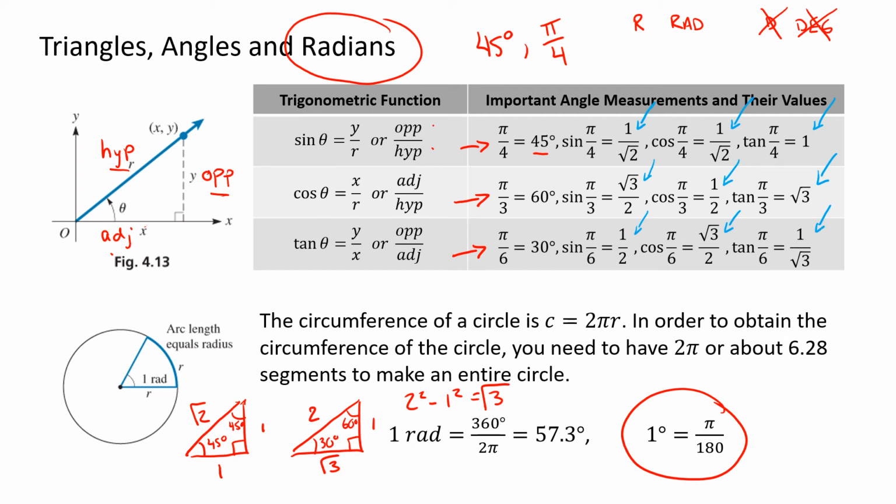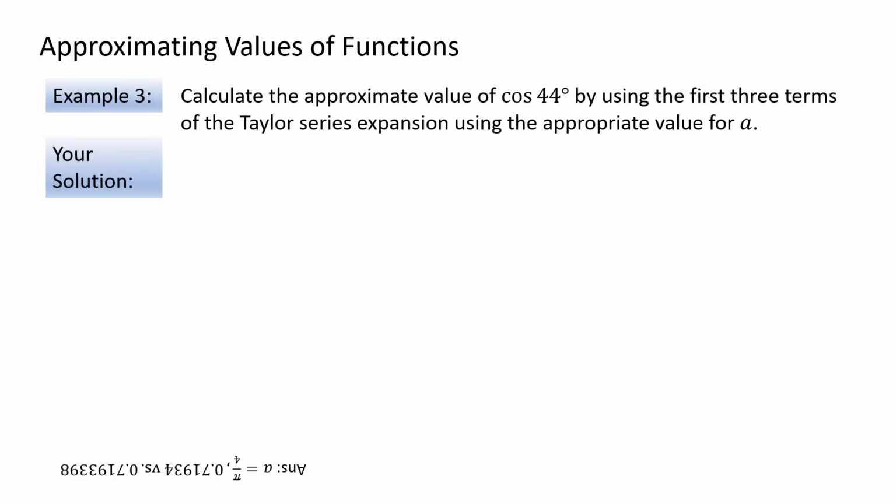Okay, so I'm just running you through these so you understand these angles. You're going to see they come up when I start trying to solve for a specific angle using sine or cosine and the Taylor series. Okay, so with our refresher course on trigonometry completed, let's look at our first example here.